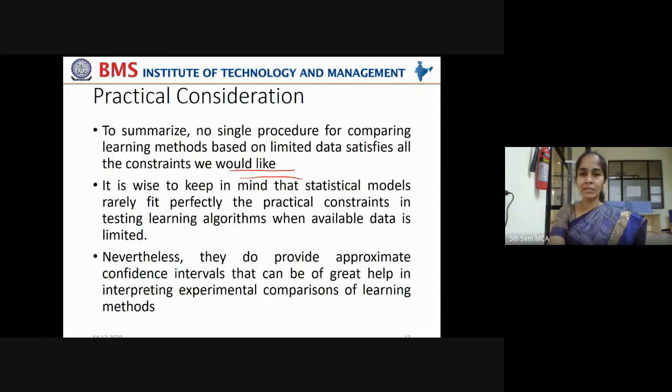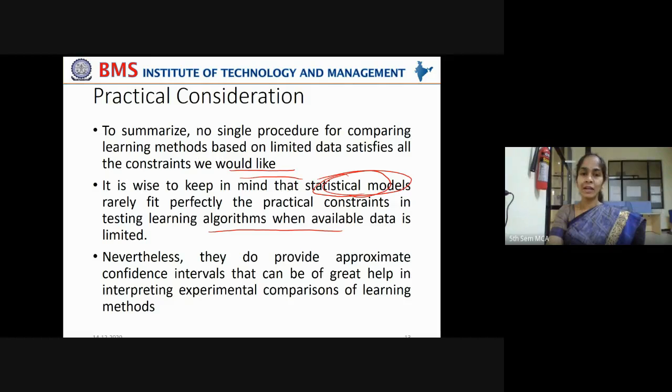Now, it is wise to keep in mind that statistical models rarely fit perfectly the practical constraints in testing learning algorithms when available data is limited. When the data is limited, they may not show compliance with the statistical models. But if the data is large enough, normally they satisfy the statistical models.